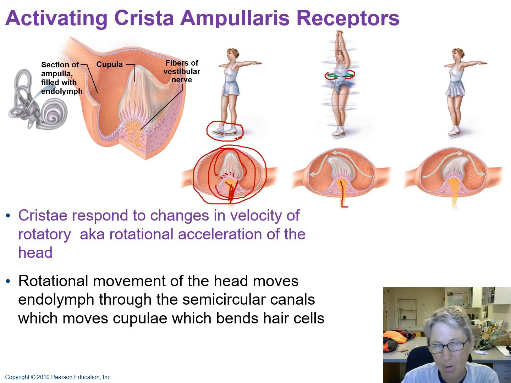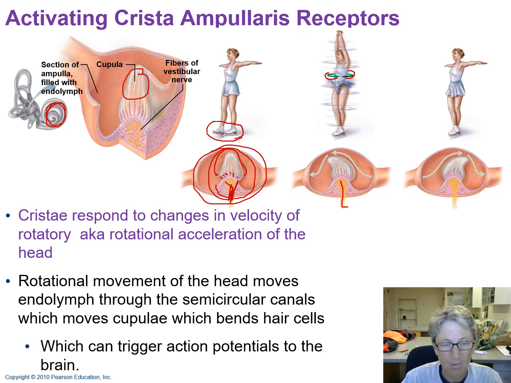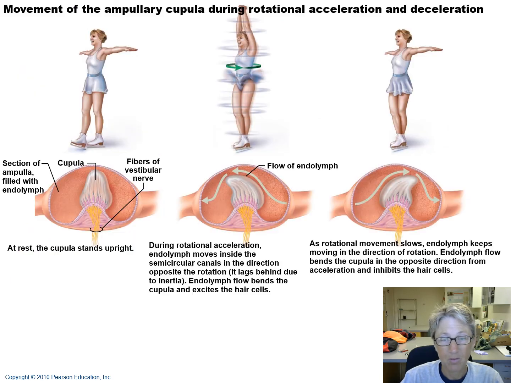I don't know if you remember endolymph and perilymph from the hearing apparatus over here in the cochlea, but when that endolymph moves because you're spinning around, that's going to bend this gelatinous mass called the cupula, and that's going to pull on the hair cells. And that triggers action potentials to the brain through the vestibular nerve.